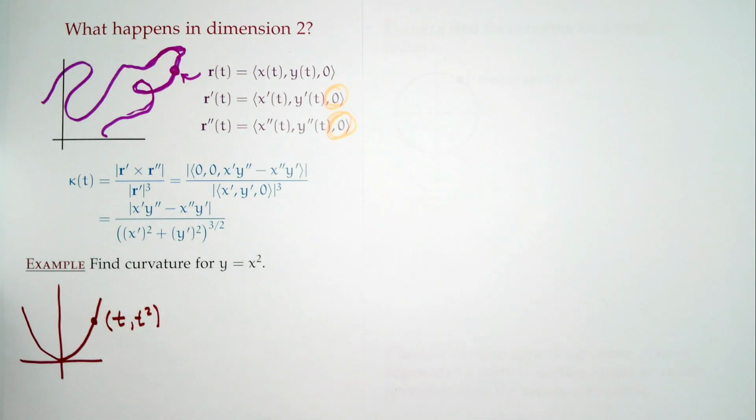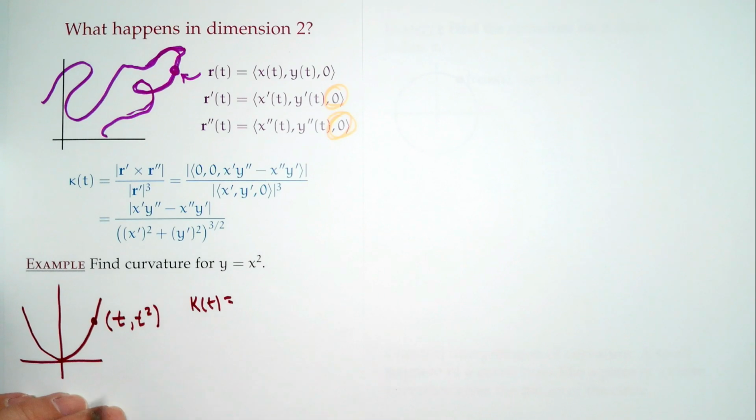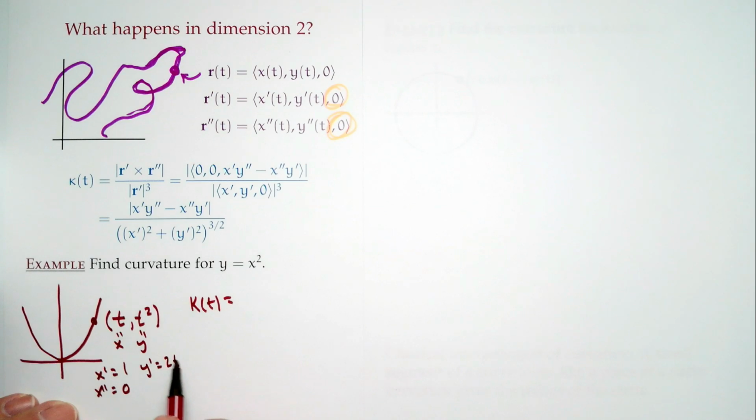All right, so according to this, we should figure some things out. So there's x, there's y. What is x prime? It's 1. X double prime? 0. Y prime? 2t. Y double prime? 2.